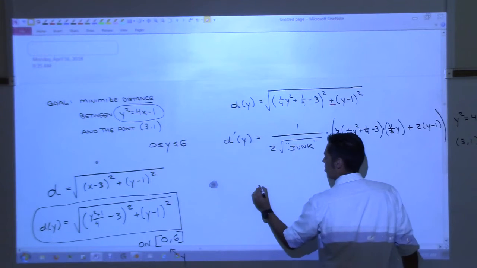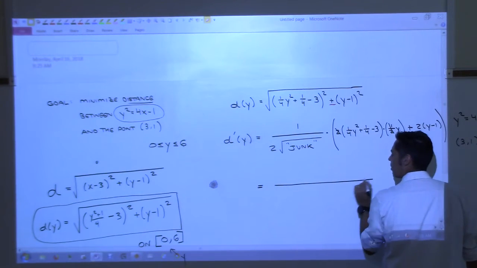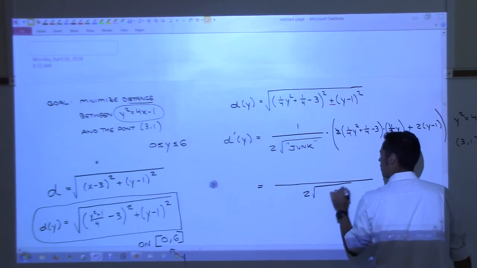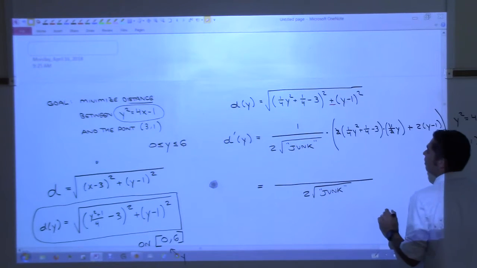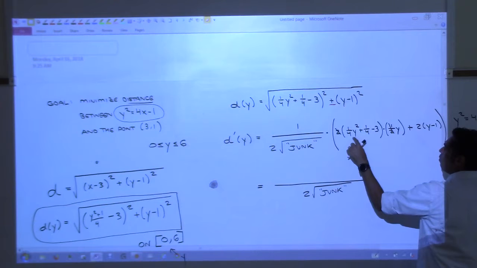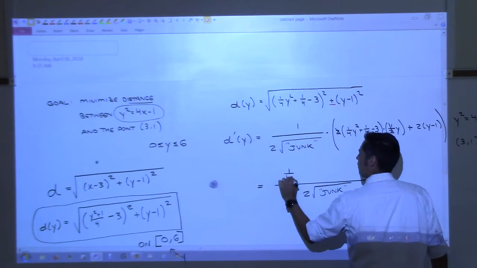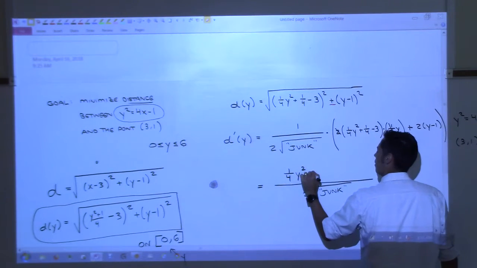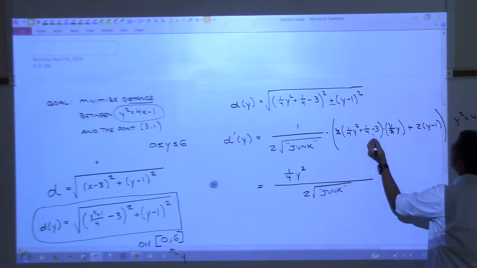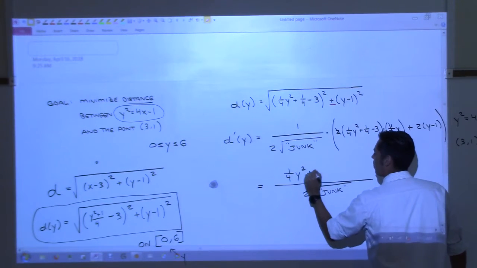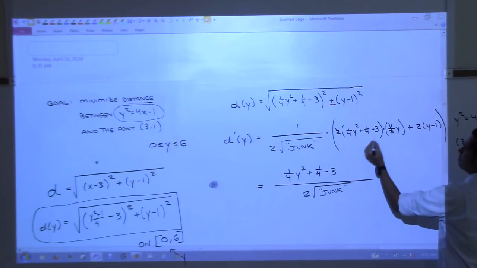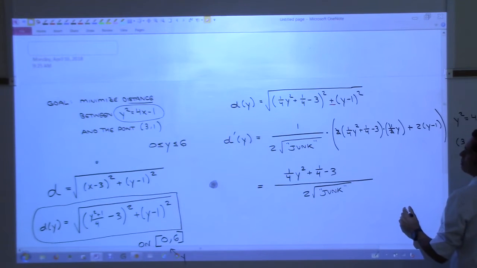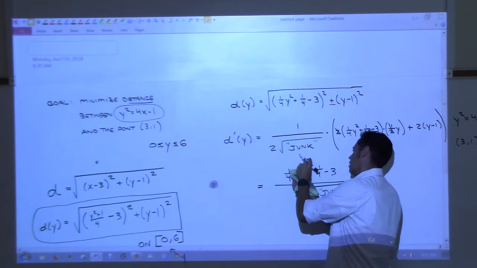So I've got, on the bottom, 2 over root junk. On the top, 1/4 y squared plus 1/4 minus 3. Okay, so that's this. Oh, wait, hold on. I should make that y cubed.